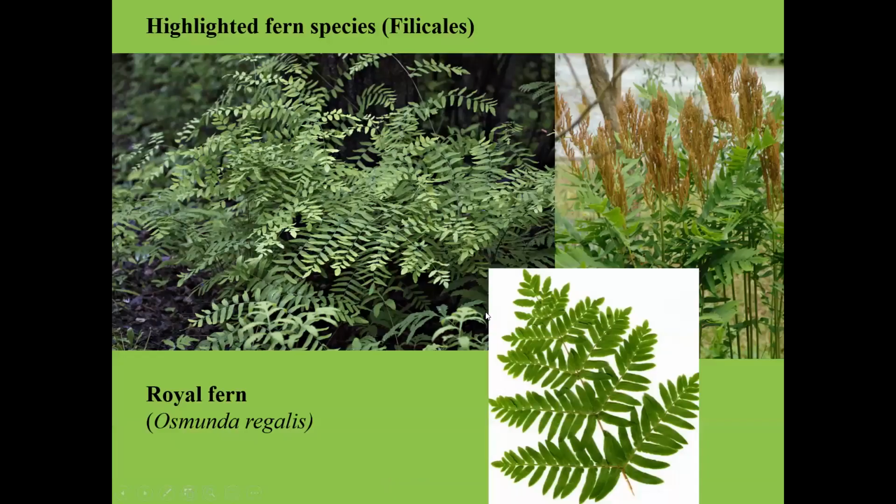Okay, last but not least, this is another member of Osmunda. This is the royal fern. Royal fern also has pinna or leaflet dimorphism, just like interrupted fern.